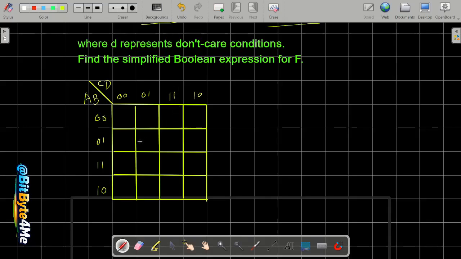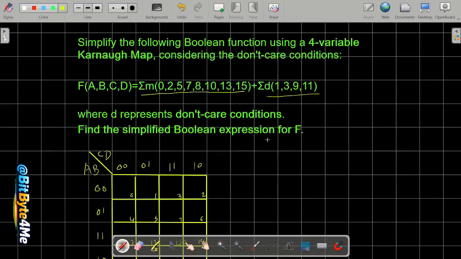So this is the value, and the values of m: 0 will go here, meaning 0, 1, 2 and 3, then 4, 5, 6 and 7, then 8, 9, 10 and 11, then 12, 13, 14 and 15. So we end here. Now substitute the values.